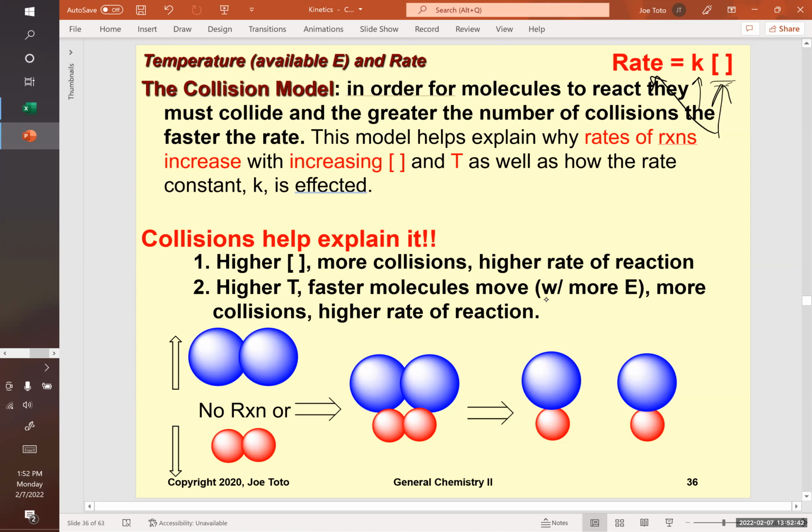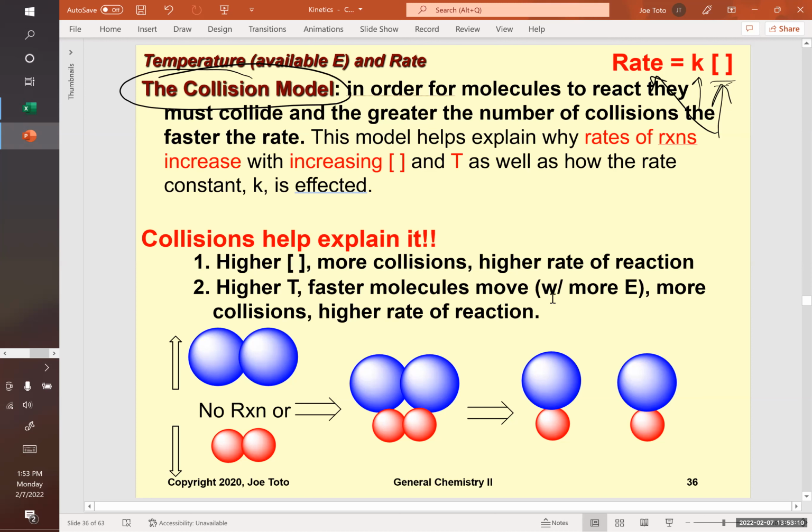Arrhenius was one of these guys. And he found that by considering just a simple model, the collision model, for how things react, we can get a picture and a better understanding of what goes into changing k, the rate constant.